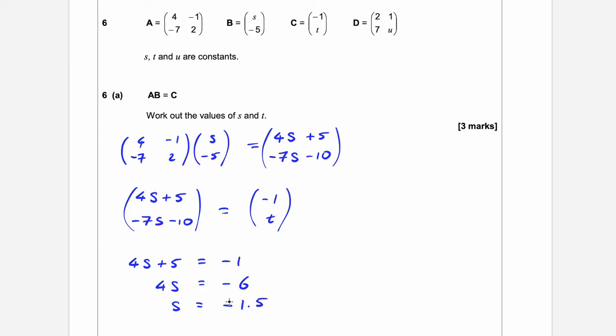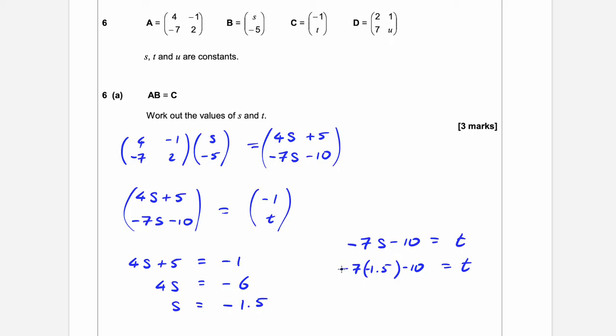So that's the value of s, and t is therefore, well, I can just equate these two now. So I can say minus 7s minus 10 equals t. I know s is minus 1.5, so minus 7 times minus 1.5 minus 10 equals t.